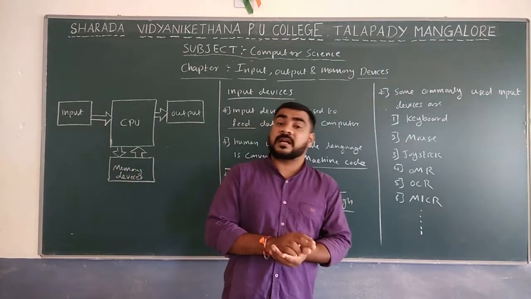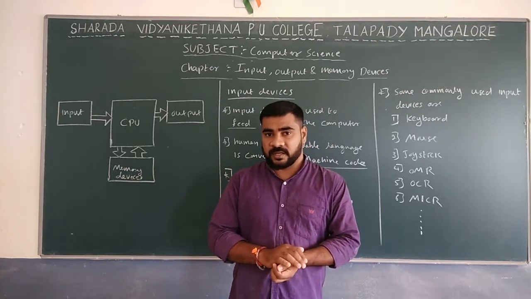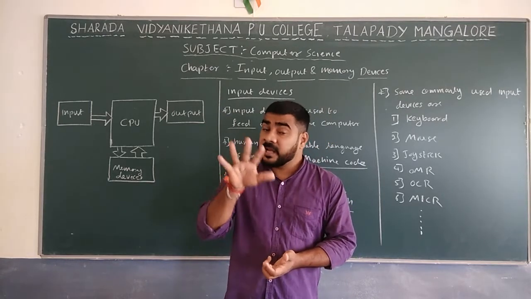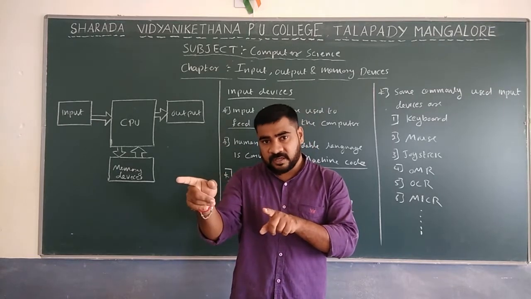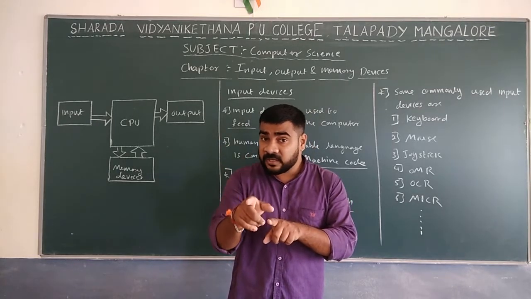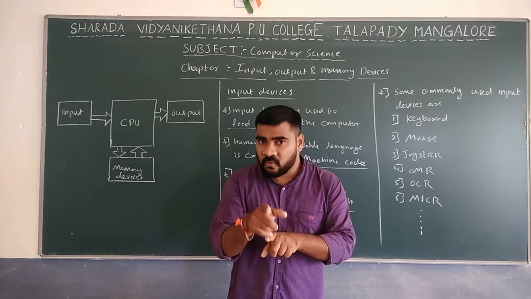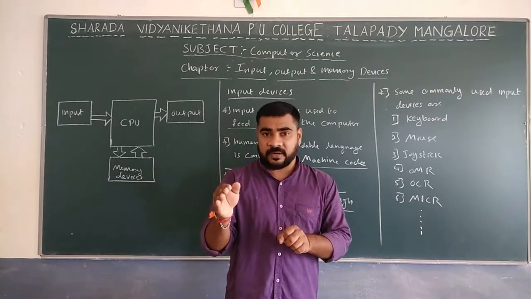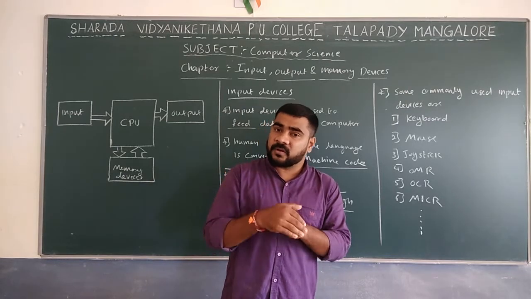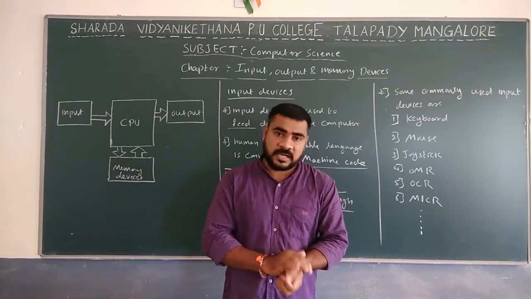The computer understands only low voltage and high voltage. So an input device converts human understandable language into machine code, which is 0 and 1, meaning low voltage and high voltage. Data will be converted into low and high voltage inside the input devices. Then only the computer will understand it.